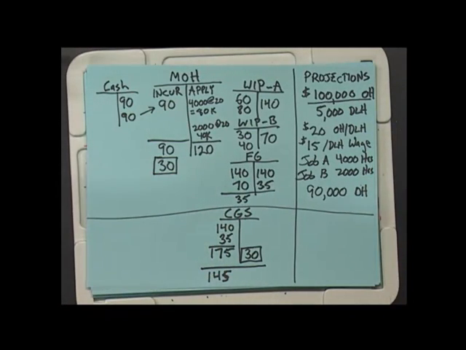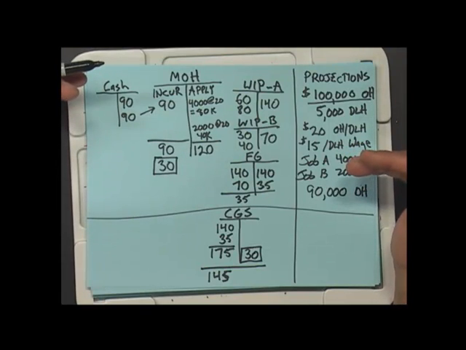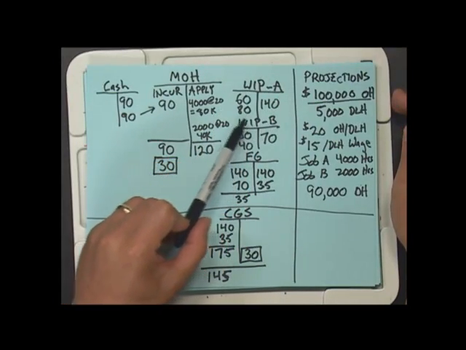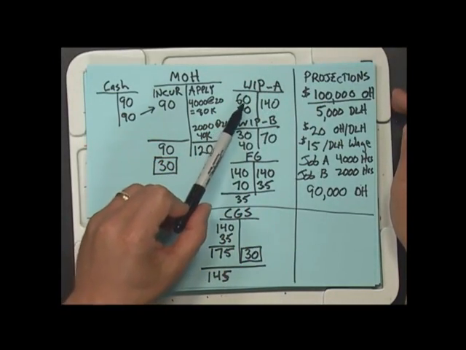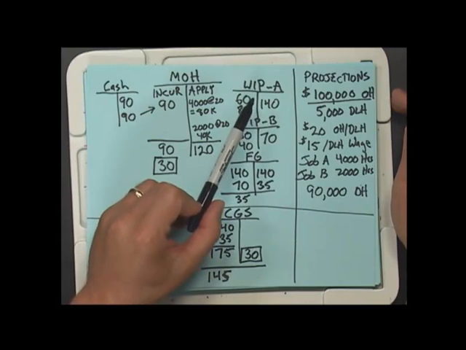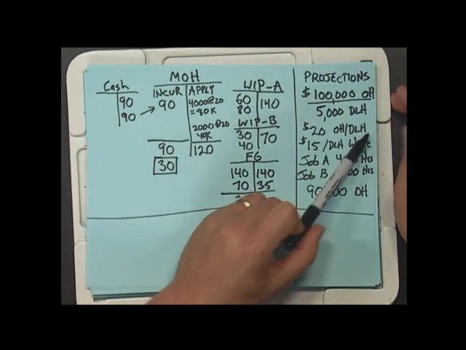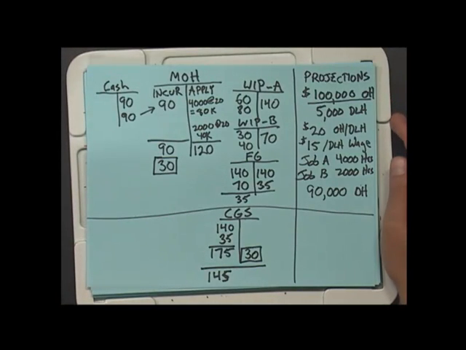Now, mathematically, that used to be something that was really hard. Now, in the computer age, that's easy. But from a managerial perspective, that's very difficult. Since these are videos on mechanics, I'm not going to belabor this point, but let me just ask you to place yourself in the position of a product manager who has gone out and negotiated a price for job A under the assumption that overhead would cost you $20 an hour.